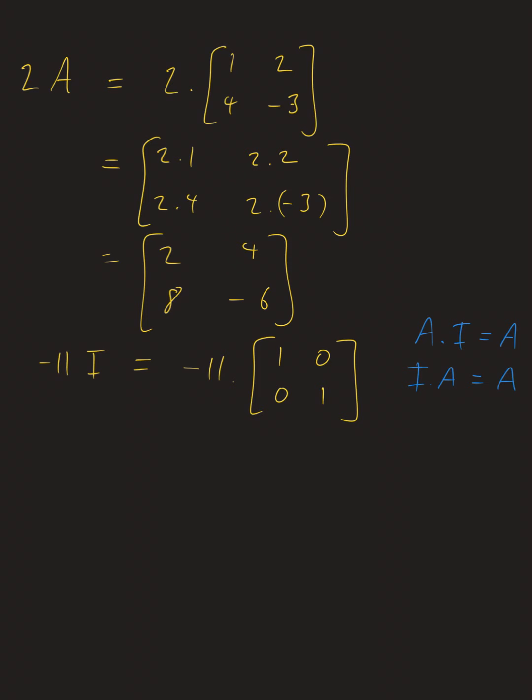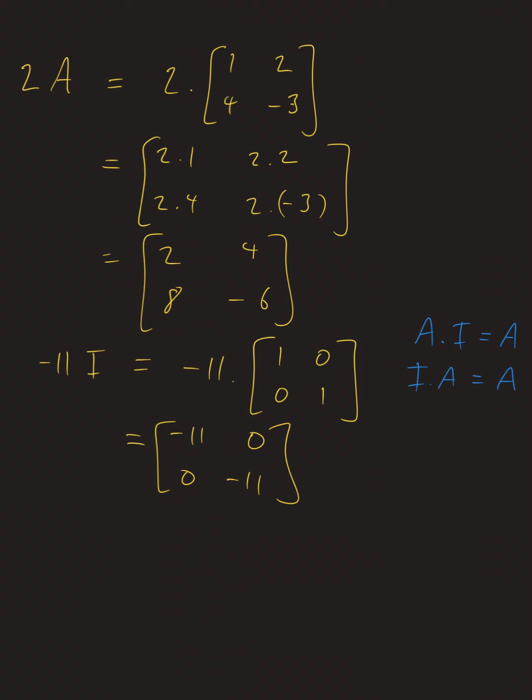It's like multiplying by 1 if you're just doing normal numbers, in that multiplying by I doesn't change the matrix. Now in this case we want minus 11 times I. So we multiply minus 11 by that matrix and we get this one. Minus 11, 0, 0, minus 11. So now I have my three matrices, A squared, 2A, and minus 11 times I.